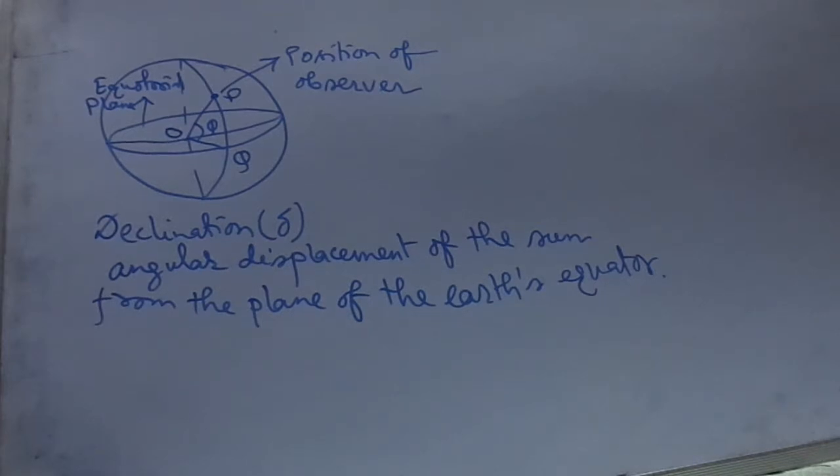Delta is positive when measured above the equatorial line in the northern hemisphere, and declination delta can be expressed in the following equation.